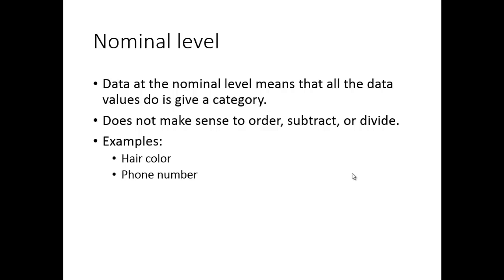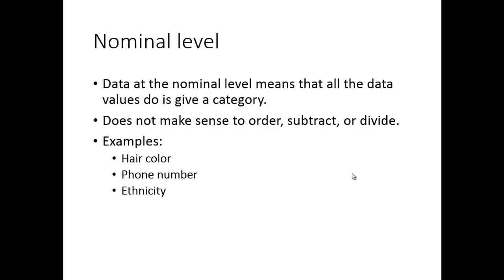Now with a number, you can do a phone number. Okay, so you could take a bunch of phone numbers and order them from least to greatest, but it's not really indicative that if my phone number is smaller than your phone number, that means anything in any sort of order. You could do ethnicity, so you could take somebody from one ethnic group and somebody from another ethnic group.